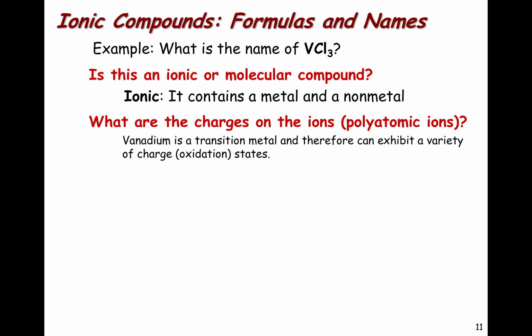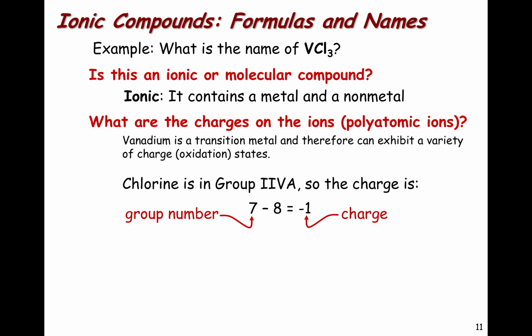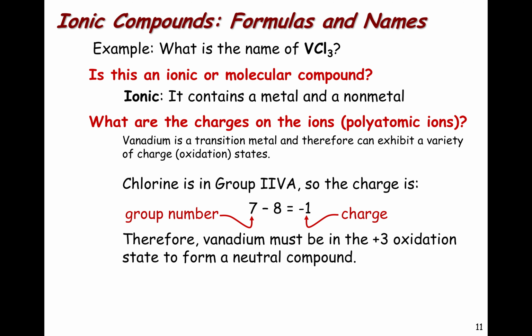Well, to figure that out, we have to then know that the chlorine is going to be a 1- ion, and that is because it's a main group element and it needs one additional electron to be like a noble gas.